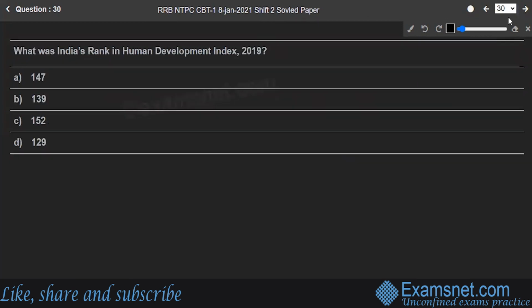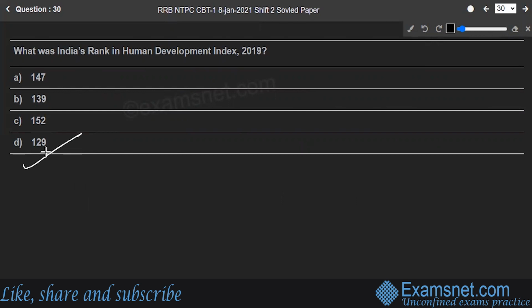Number 30. What was India's rank in Human Development Index 2019? 147, 139, 152 or 129? The correct answer is 129. India's rank in Human Development Index 2019 is 129.